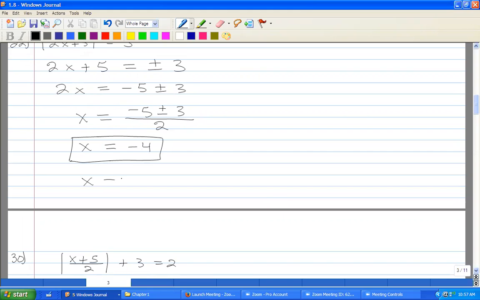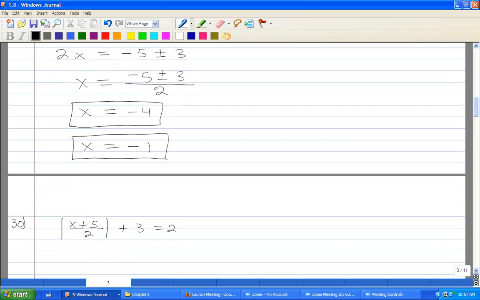Next, negative 5 plus 3 is negative 2, divided by 2 is negative 1. So I have two solutions to this absolute value equation: x equaling negative 4, x equaling negative 1.